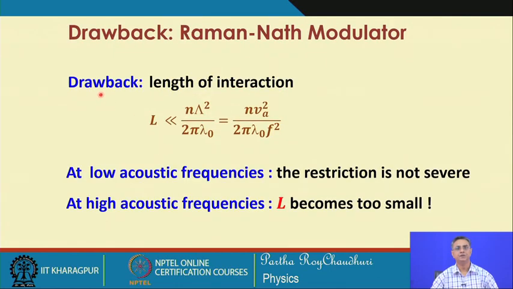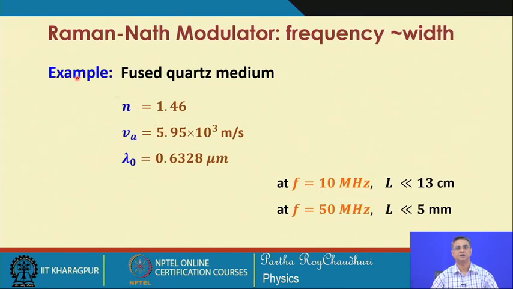Therefore, the drawback of using this system is that the length of interaction L, which comes from here, at low acoustic frequencies is not a severe restriction, but at high acoustic frequencies L becomes very large. For example, if we take the case of fused quartz, then n equal to 1.46 for an acoustic wave velocity of 5.96.